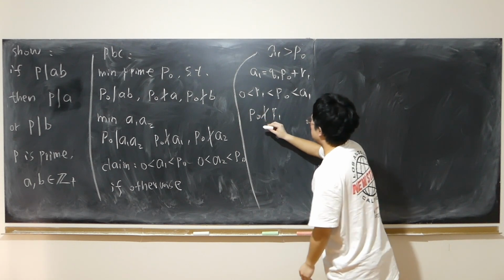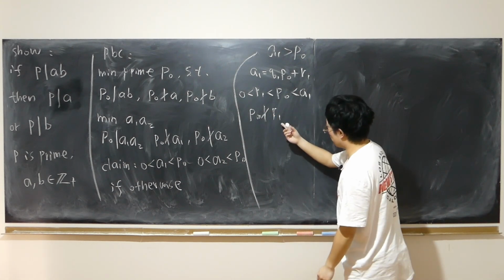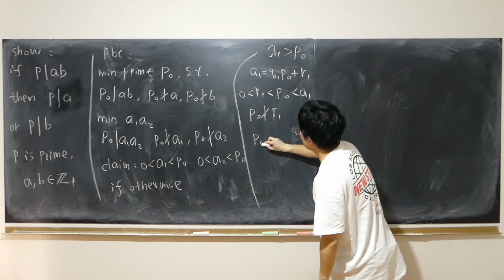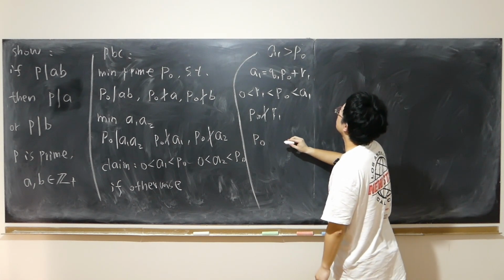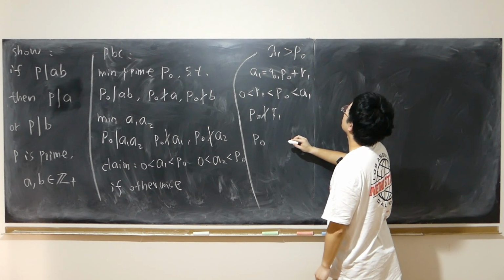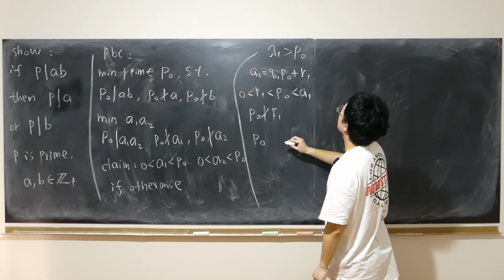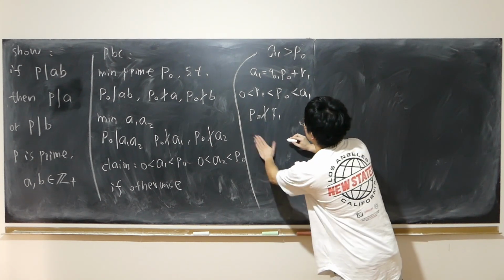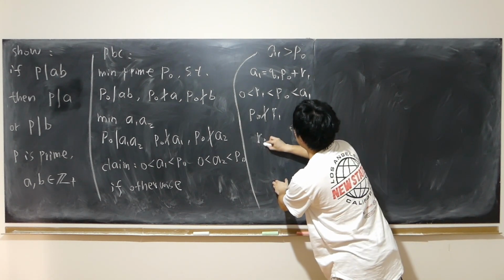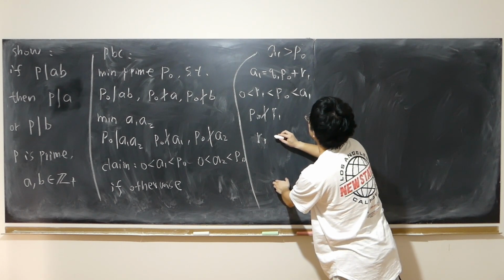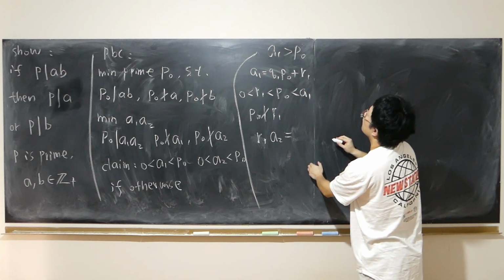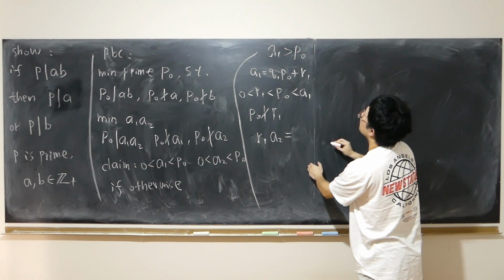In this case, I again have an ordered pair, where I consider R1 times A2. What does R1 times A2 give me?